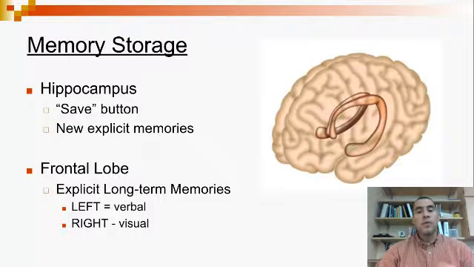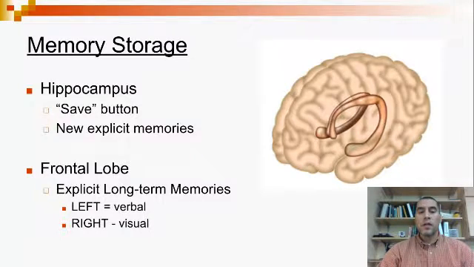So if we ask you to recall the name of your fifth grade teacher, that may be a long-term memory found in your left frontal lobe. If we ask you to visualize your fifth grade teacher, a picture, their face, that might be more of a right brain function. So it is our hippocampus and our frontal lobe that do play a role in these explicit memories.